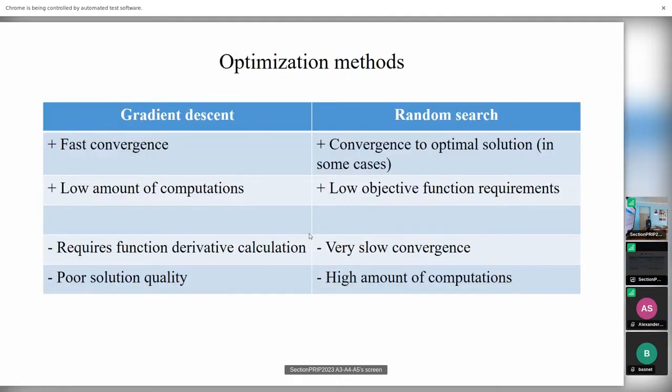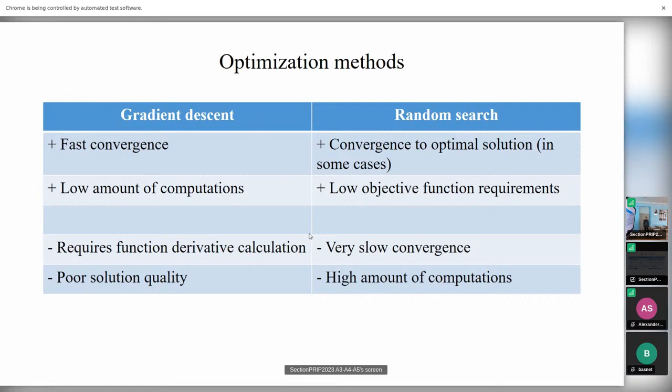At first we use gradient descent because it's very fast. The convergence speed is from linear to square. We also require a low amount of computations, because to estimate the derivative of the objective function, we require only a rather small part of the input data. But the derivative calculation is required, which is not possible for all applied problems and objective functions.